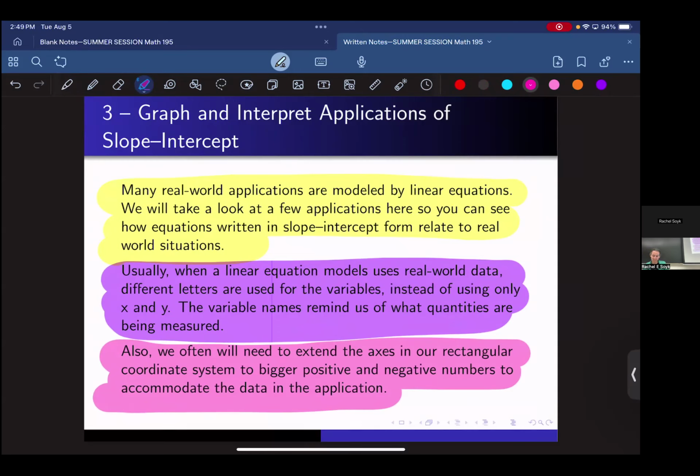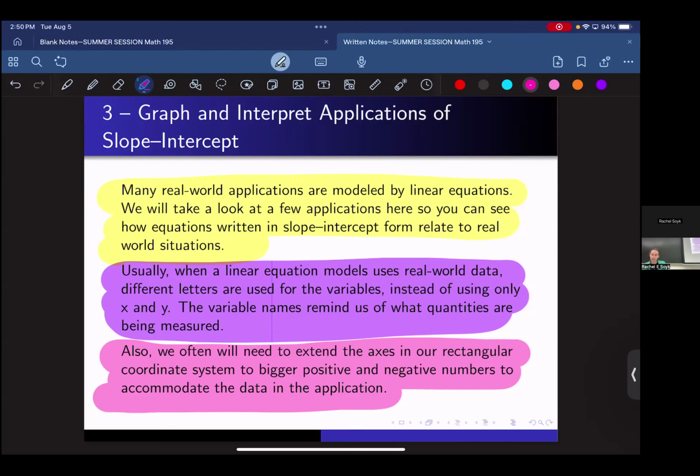Thank you. Many real-world applications are modeled by linear equations. We'll take a look at a few applications here so you can see how equations written in slope-intercept form relate to real-world situations. Purple. Thank you. Usually when a linear equation uses real-world data, different letters are used for the variables instead of only using X and Y. The variable names remind us of what quantities are being measured.